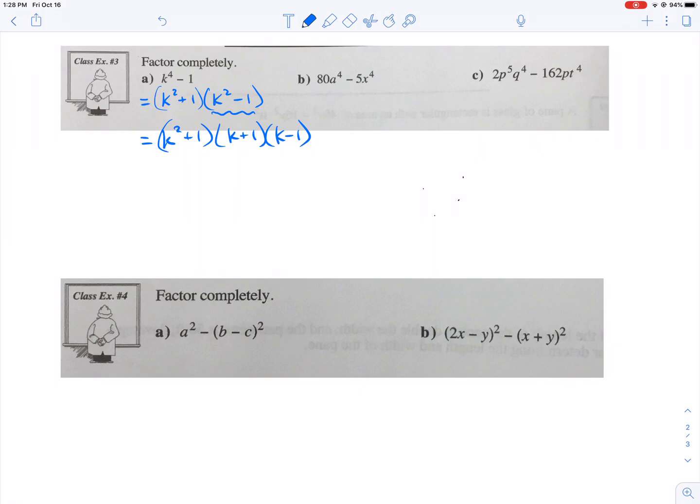Now, inevitably, someone asks, why can't I factor the k squared plus 1? Well, it's not a difference of squares, and you can't find any numbers that multiply to get k squared plus 1. This is actually a mathematical proof that people do, right? So if you take any number, let's say 5 squared plus 1, right?